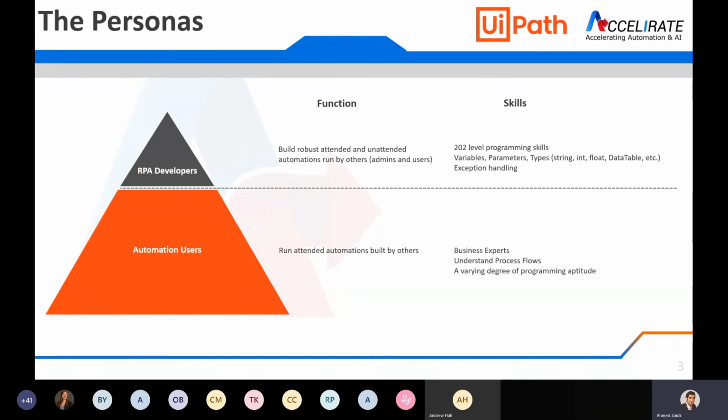What we have seen is that in that community, you have a varying degree of programming aptitude. As they are getting more familiar with these low code platforms, there's a sense that, hey, maybe some business users who have that programming aptitude might be able to become developers. What we're talking about today is if you have business users who have a technical bent and have the skills I mentioned for the RPA developers, they might graduate to become an RPA developer, and that's not what we're talking about today.